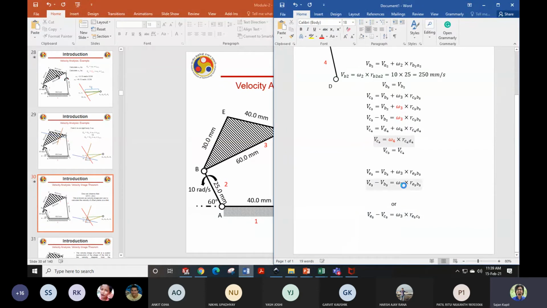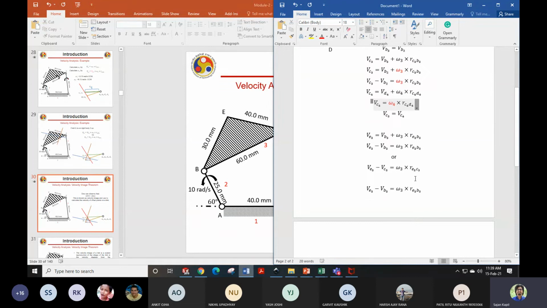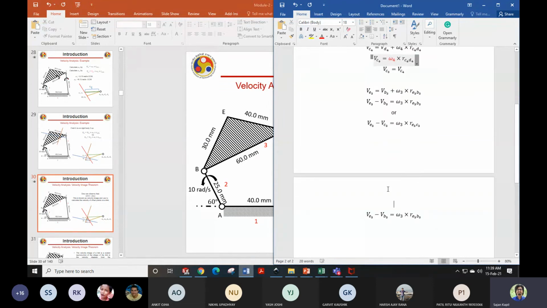Now I take the ratio of these two equations, this equation divided by this equation. I'm talking right now only about the magnitude. This omega 3 will be gone, right? And I will have this on the bottom side. Now you tell me, what is this upper side?